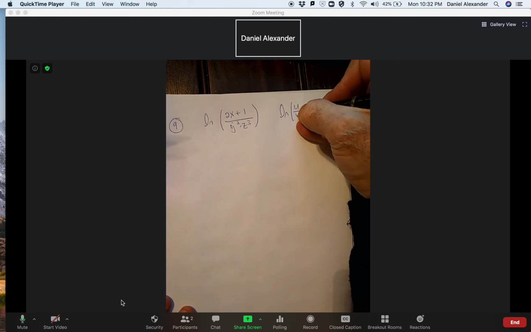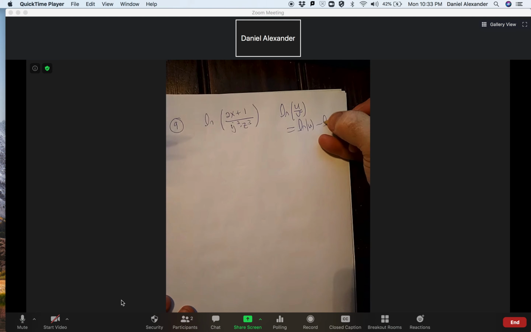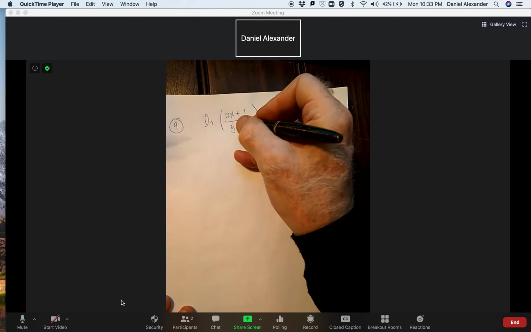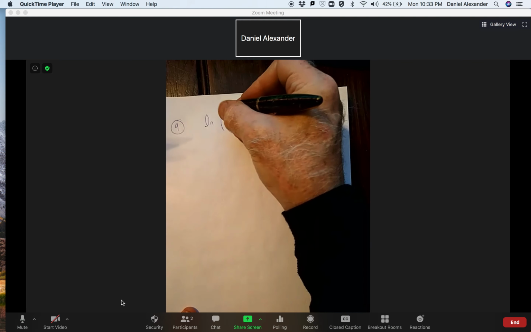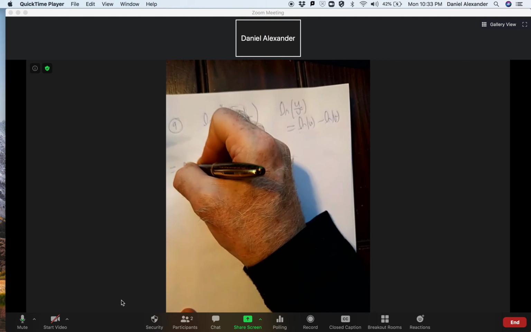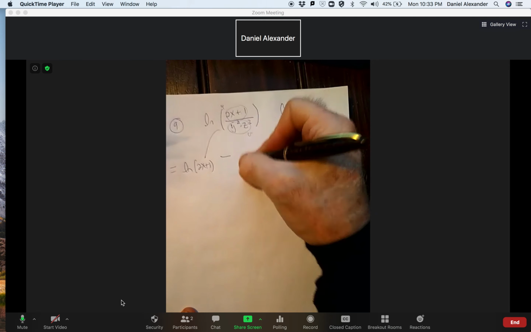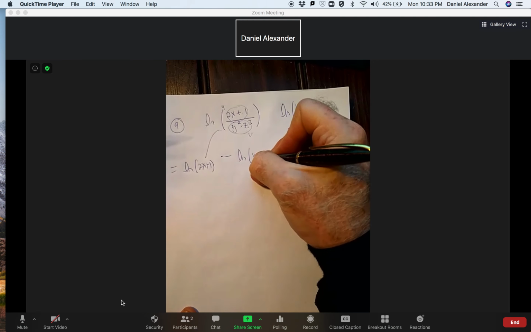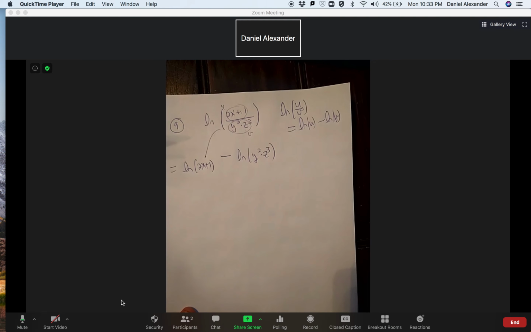Log of u over v is equal to the log of u minus log of the bottom. That's my v. That's my u. Okay, I get a minus, so this is going to be equal to the log of the top, my u, minus the log of the bottom. These are simplified completely.